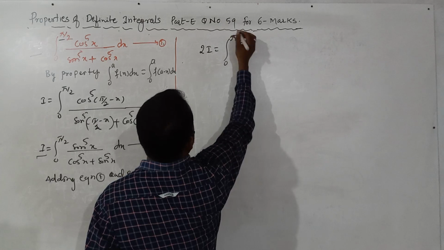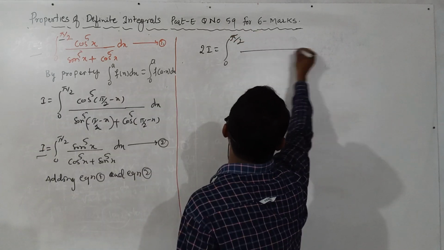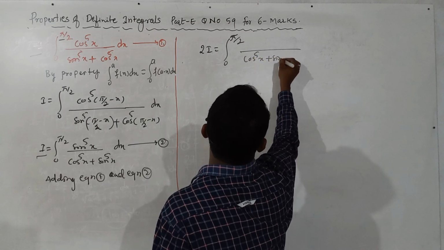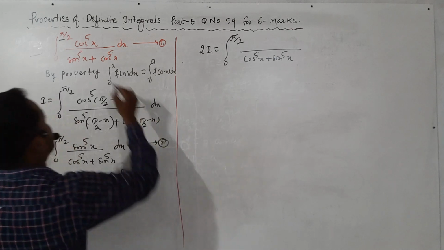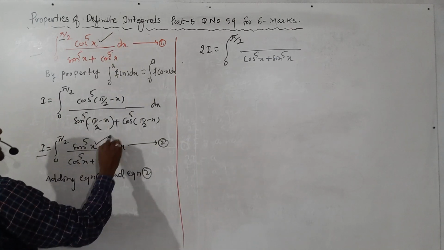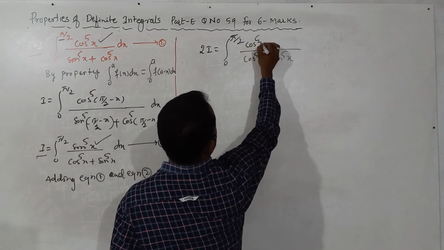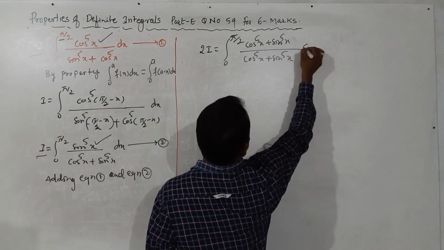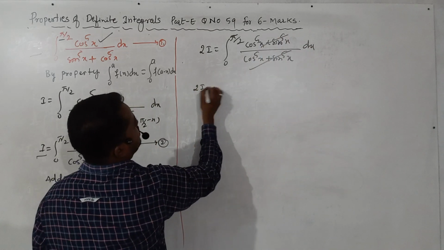The denominator is cos raised to 5x plus sin raised to 5x. Add the numerators. Cos raised to 5x plus sin raised to 5x dx. Cancel this.